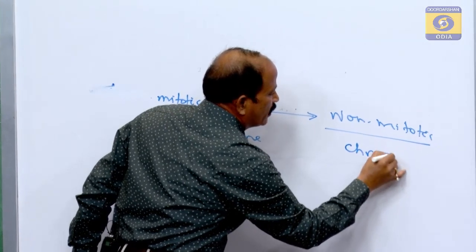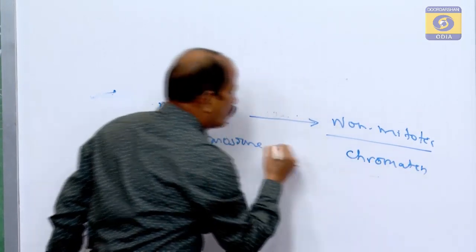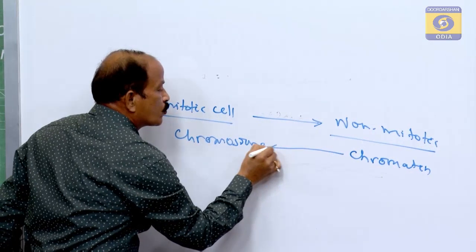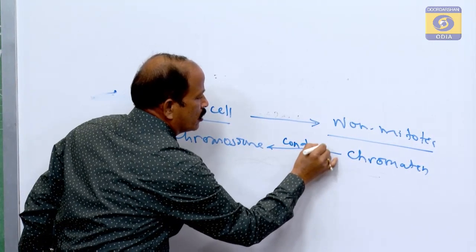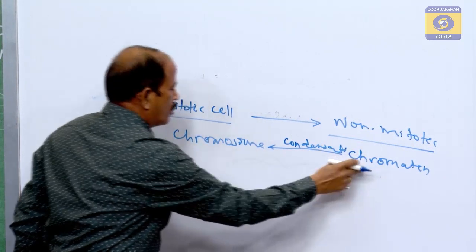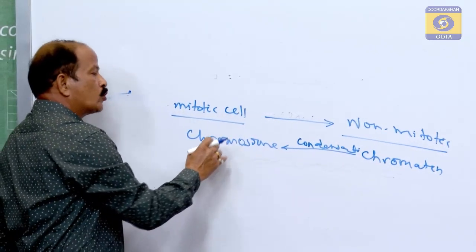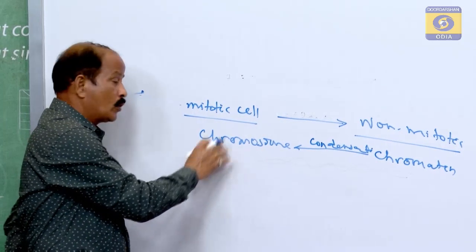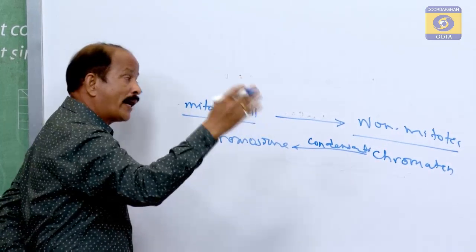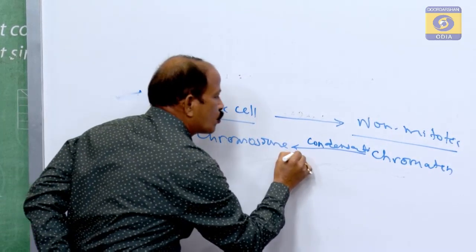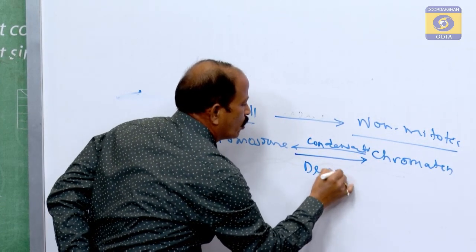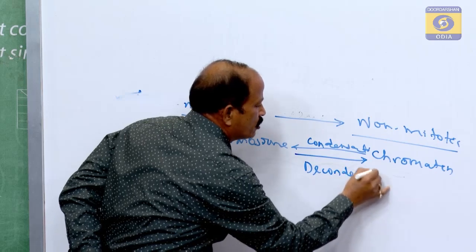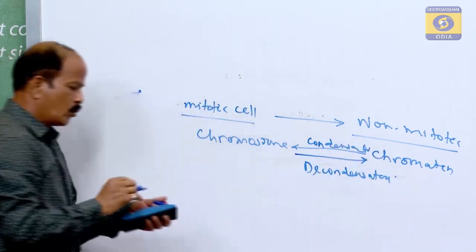Chromatin is the extended form and chromosome is the condensed form. By way of condensation, chromatin gives rise to chromosomes, and chromosomes become distinct during the time of division, that is during mitosis or meiosis. But as the cell division is over, the chromosomes undergo decondensation and become chromatin.